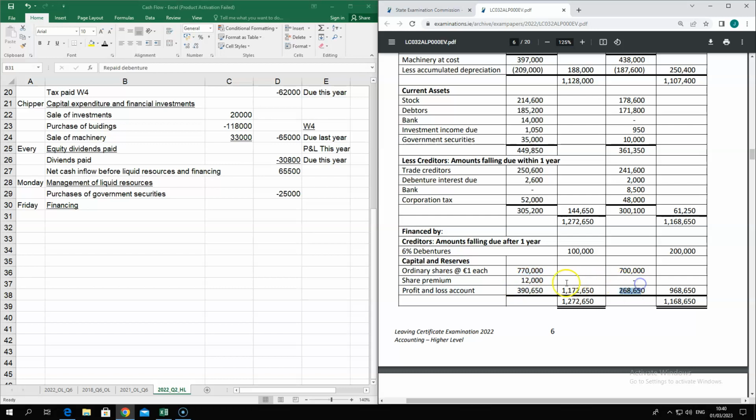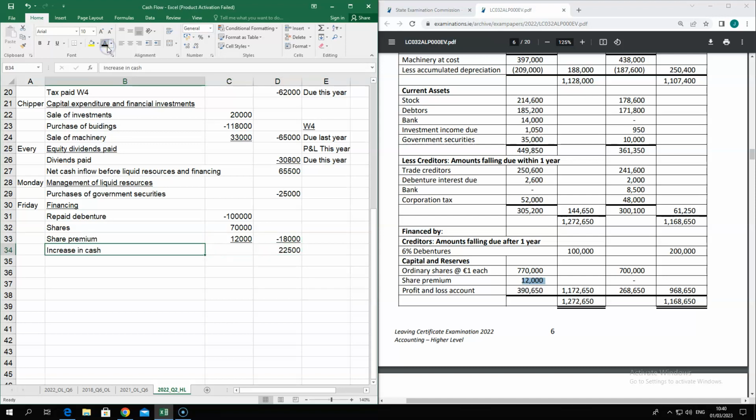And your share premium went from 0 to 12, so that's an increase. So we pop the three of them in. Repaid debentures 100. The shares we sold we got 70,000 for, and the share premium we got 12,000 for. Again, we make a subtotal there and we add everything up, and that's our increase in cash, and that's our cash flow done. So from last year to this year we have more cash by 22,500.